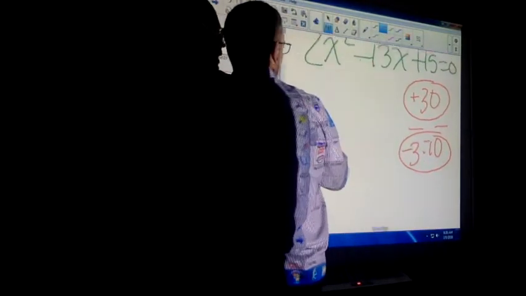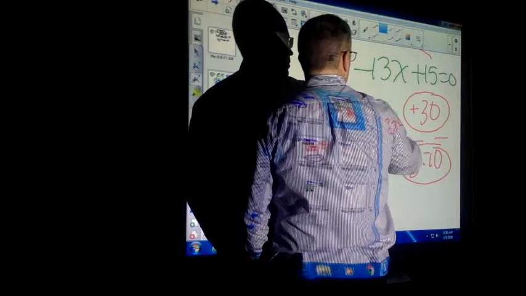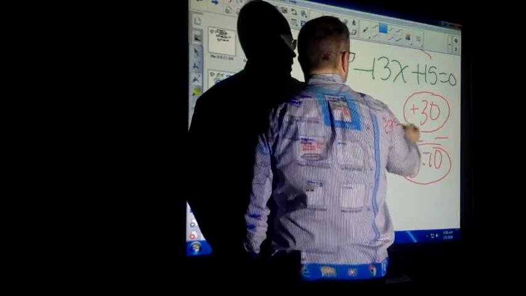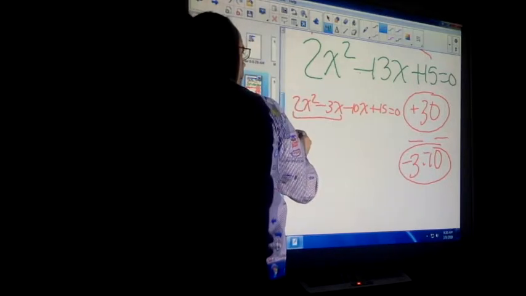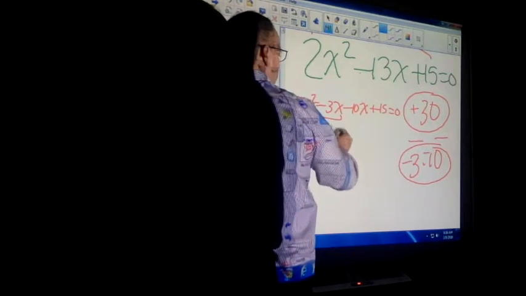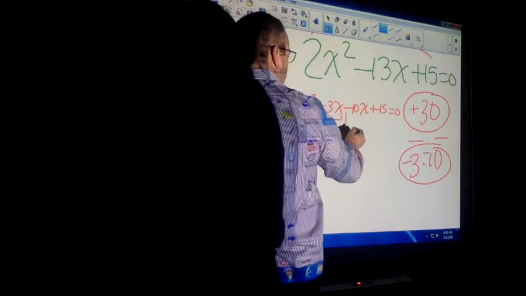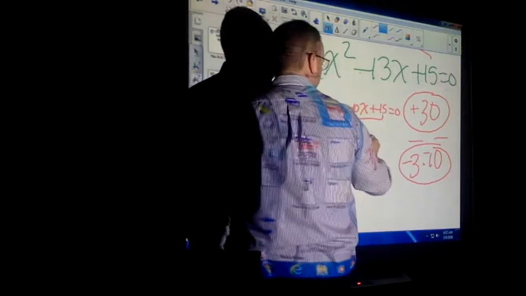All right, so I have 2x squared minus 3x minus 10x plus 15. It is equal to 0, but we're just going to solve this. What do I have in common there? X. Okay, 2x minus 3. The subtraction sign comes down. I'm factoring out a 5.